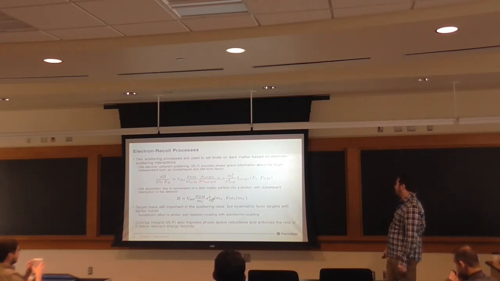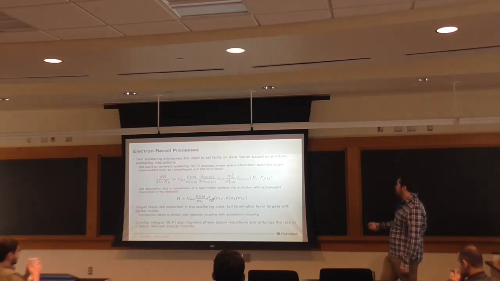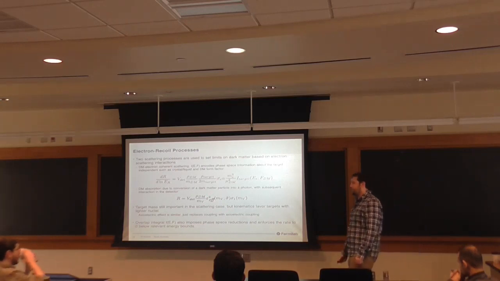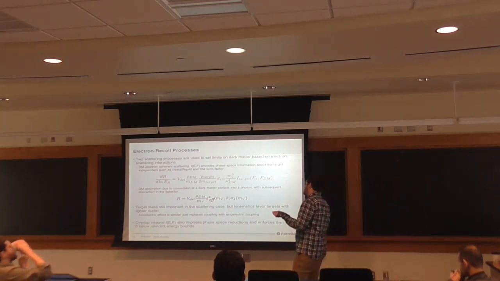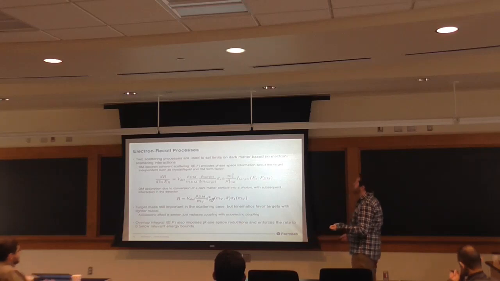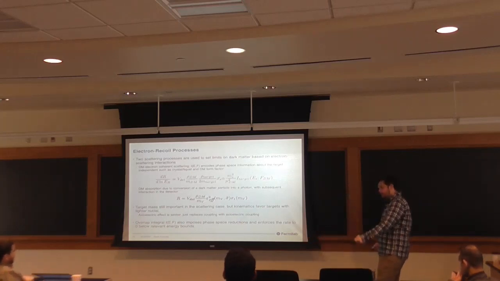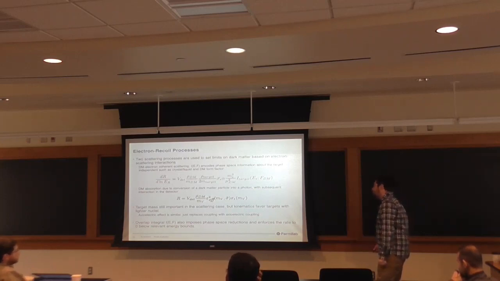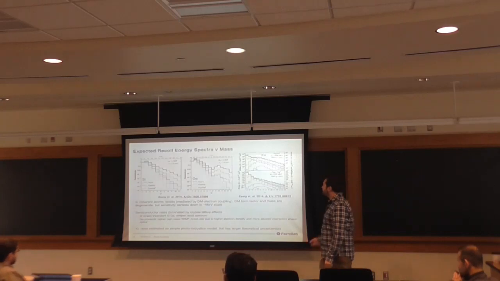So this is basically the nuclear density of the target gives you a higher rate. And this is scattering. And then there's also absorption. And in absorption, what really matters is this term, which is essentially the complex conductivity of the material. So something with a high complex conductivity, as long as it's not self-shielding, is a really sensitive probe of bosonic dark matter. Something that is very dense in terms of electron density is very good for electron scattering.